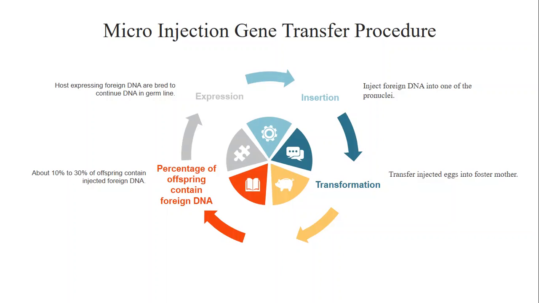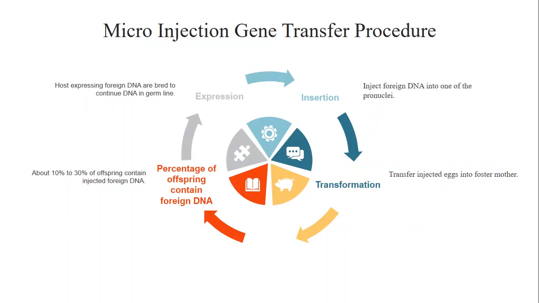The target gene is placed in a container. A holding pipette is placed in the field of view of the microscope that sucks and holds a target cell at the tip of the pipette.